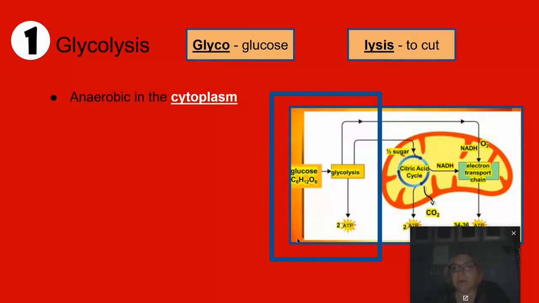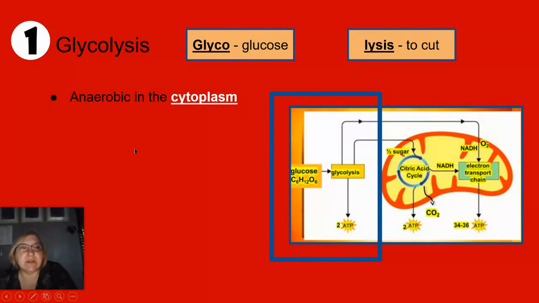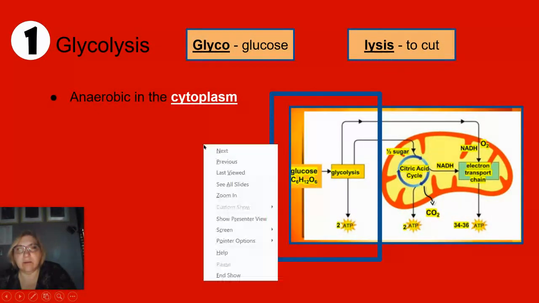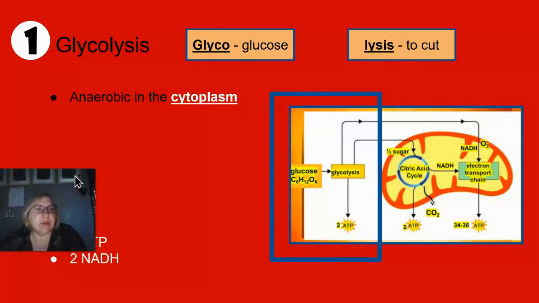So that's kind of important. We need that ATP. Anaerobic in the cytoplasm. Sorry, I don't know why it won't go. Oh, wait, there it is over there. Okay.